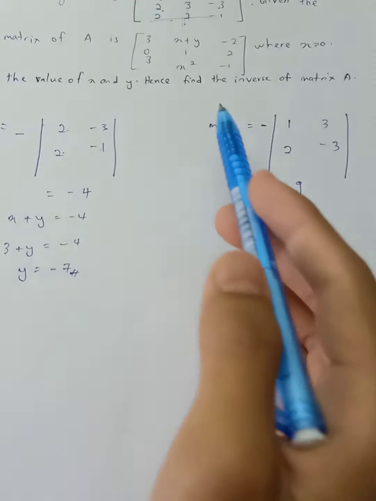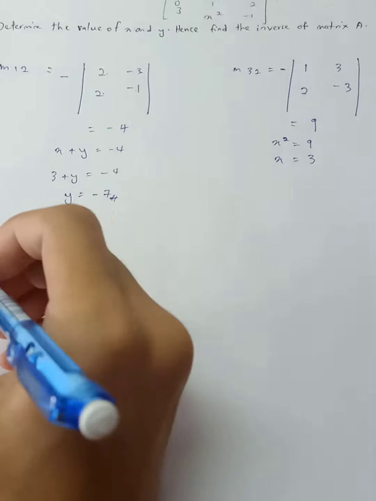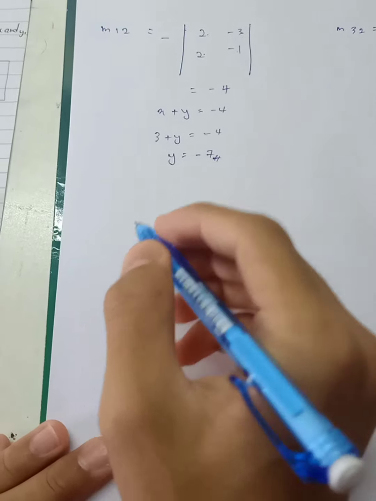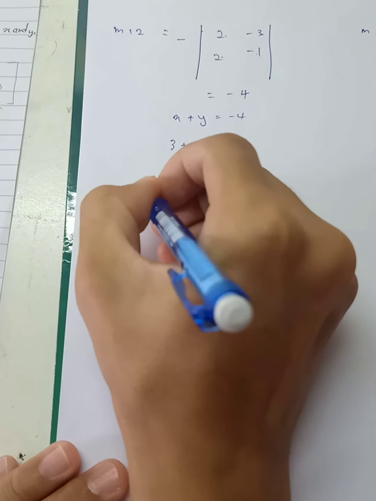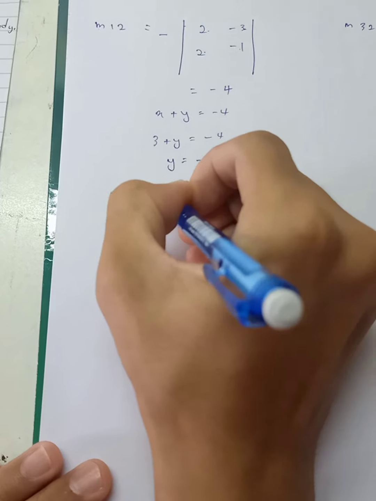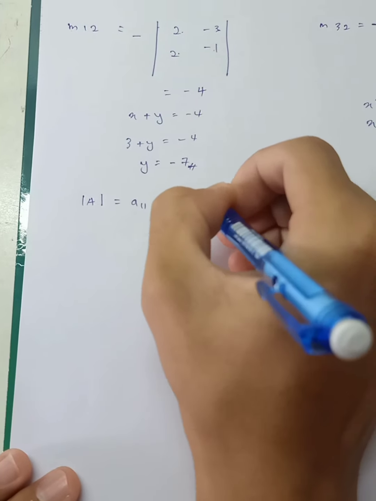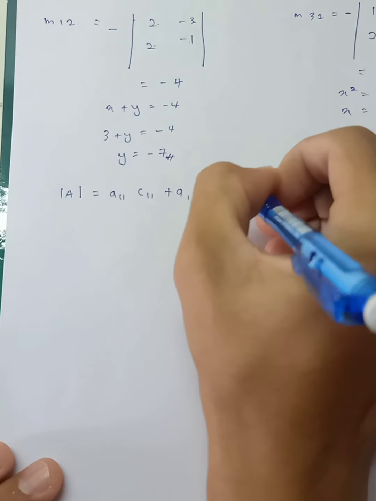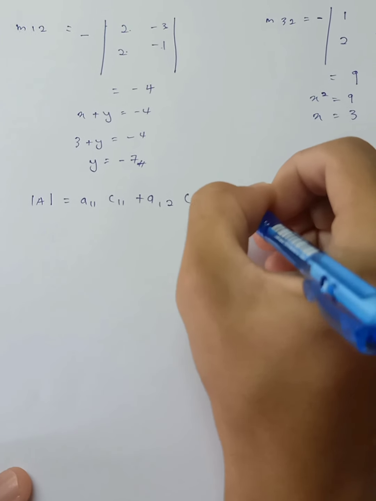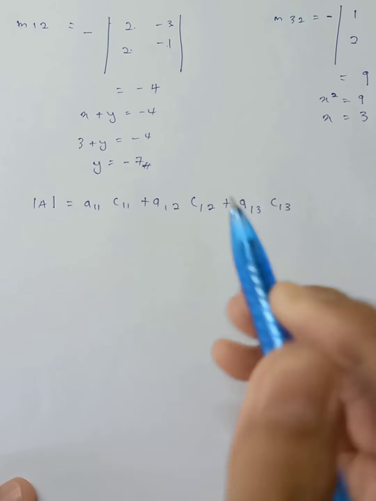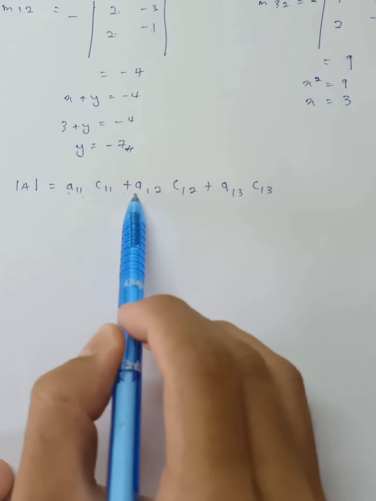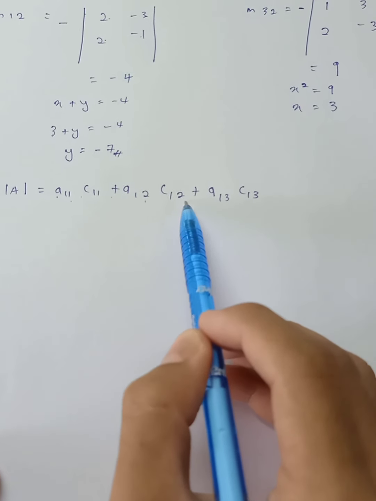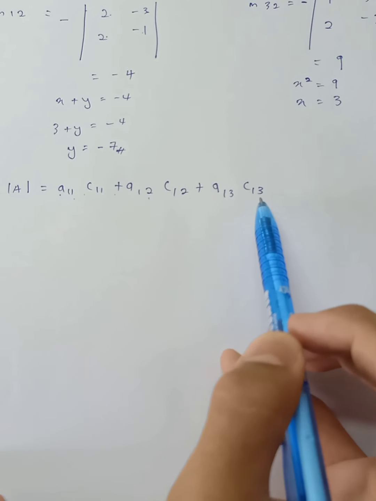Alright, next step. To find the inverse, I use the formula of the determinant of matrix A. I just write it down. We have A11 C11 plus A12 C12 plus A13 C13.